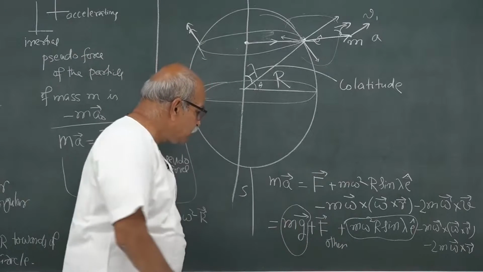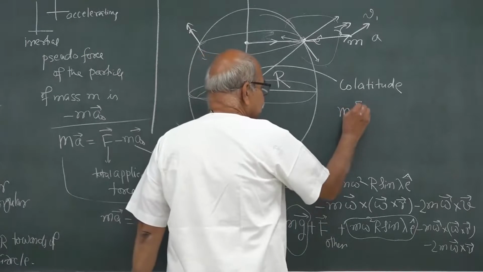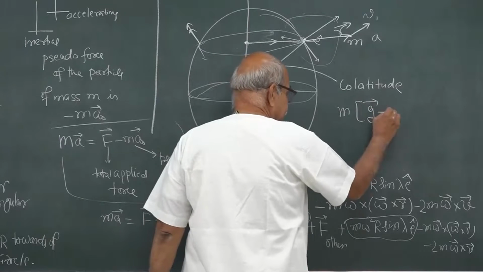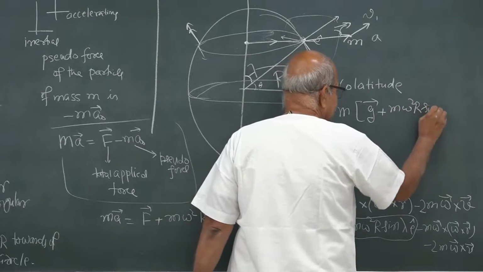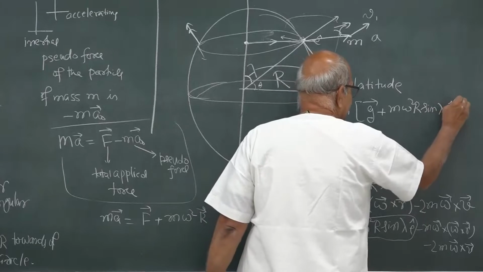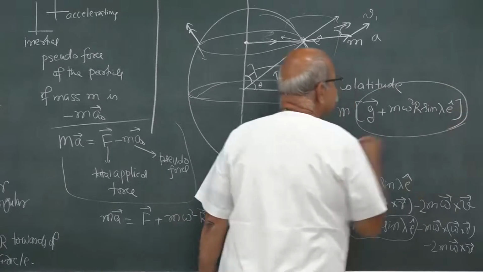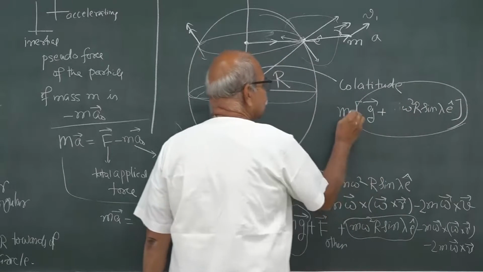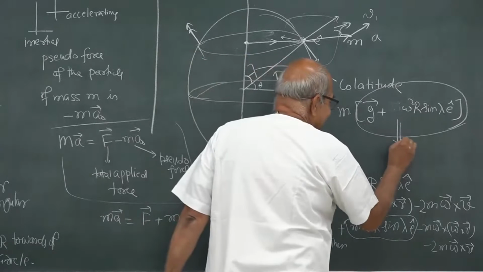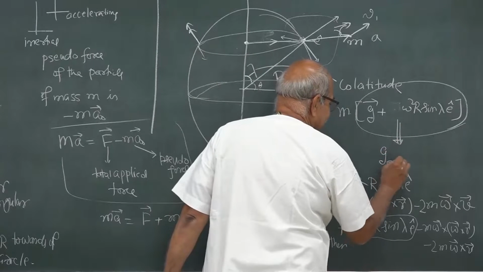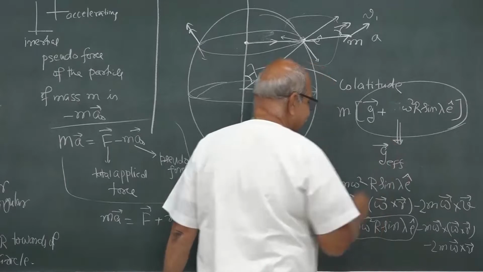If you take m out, this will be m times g and plus m omega square r sine lambda in E cap, and this is just a constant, does not depend on anything if m is taken out, and this we will call G effective.